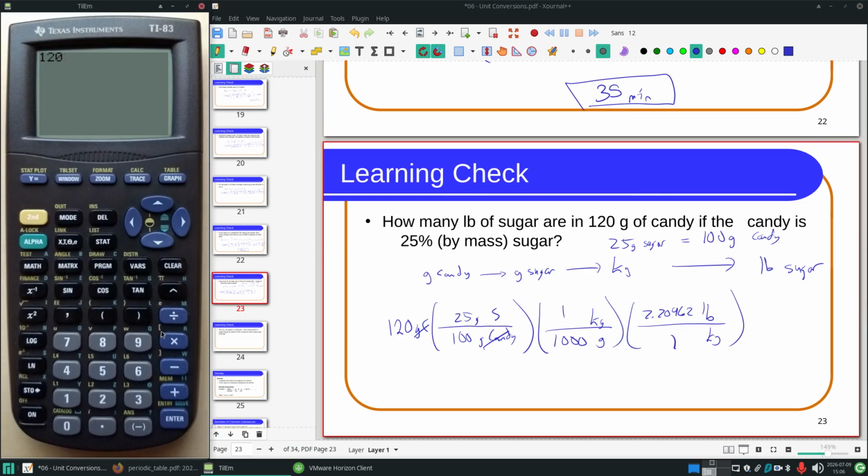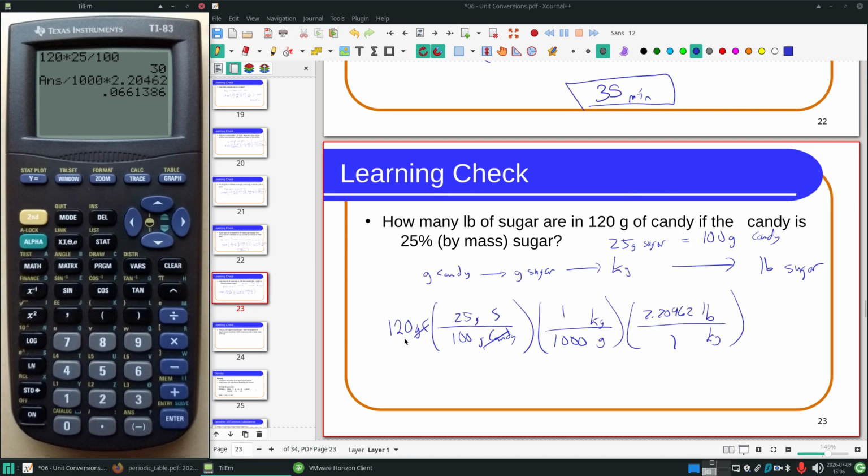120 times 25 divided by 100, divided by 1,000, and then times 2.20462. And I get this big, huge number. Not many pounds. All right, but that wasn't much sugar, really.